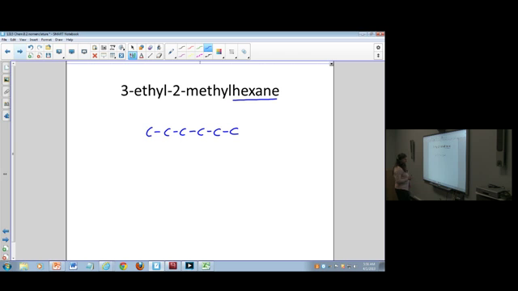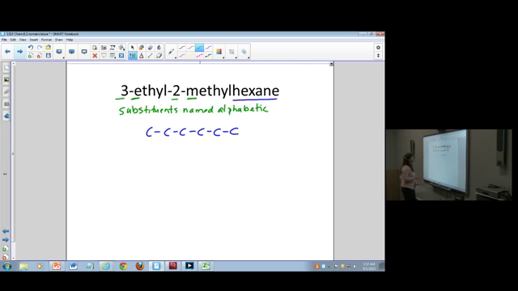And then I want to make 3-ethyl-2-methyl. Now, why is a 3 in front of the 2? Because when you're naming these, the substituents are named alphabetically. It's not the number, it's the substituent. And so ethyl comes before methyl.